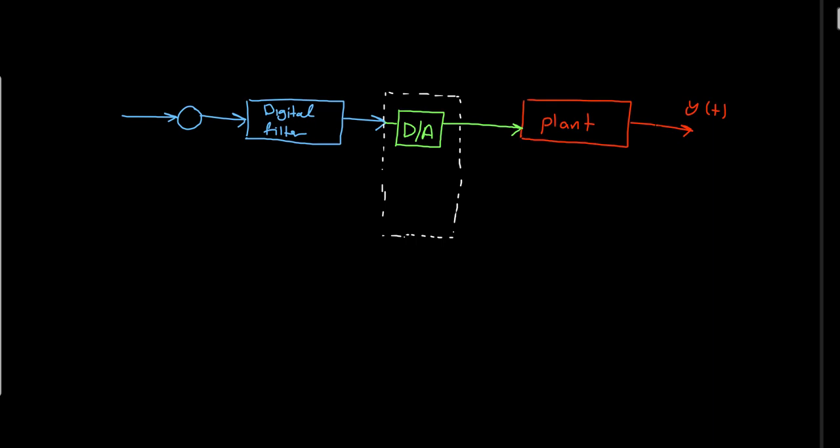The same thing here, I will measure the signal, then I will pass it through an analog to digital converter. I will do discretization for this signal.